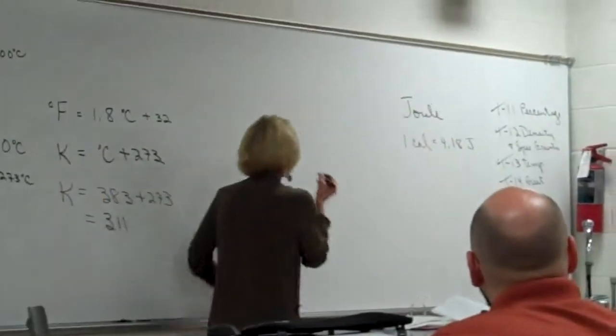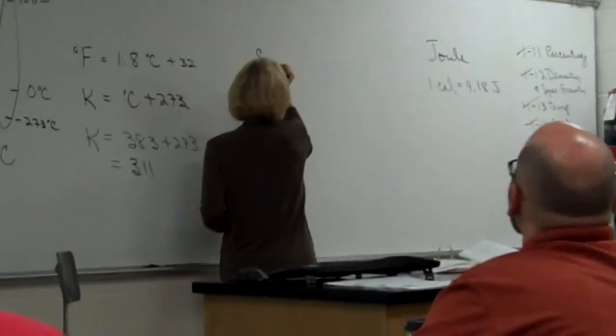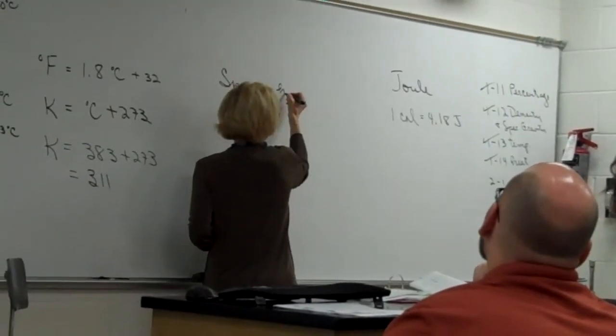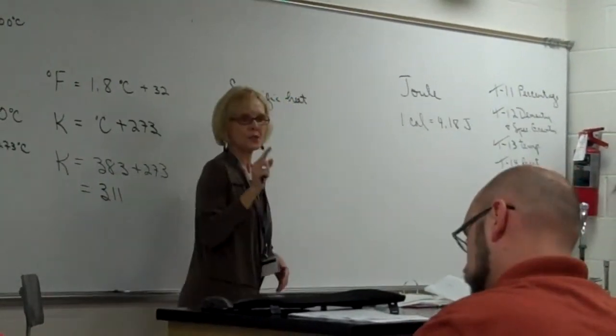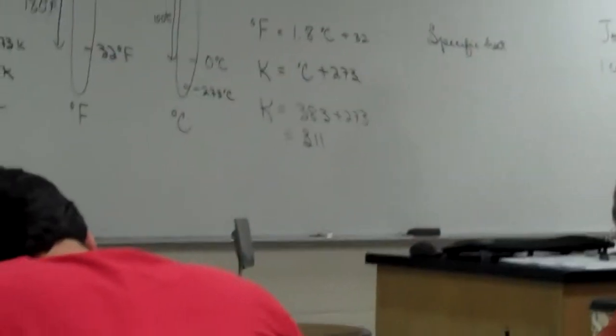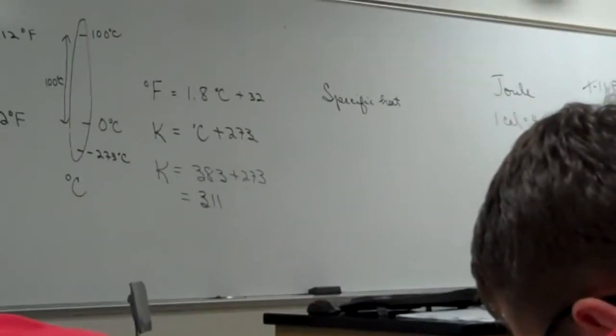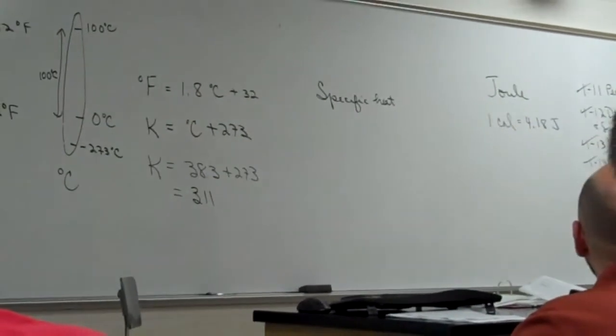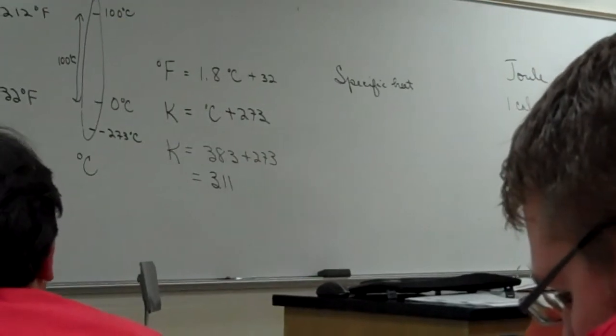And the next part of that idea: we have a constant for every substance called the specific heat of the substance. And do not confuse that. Specific gravity, specific heat, they're totally different things.